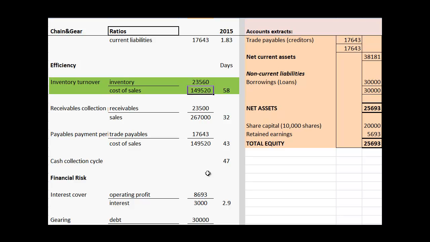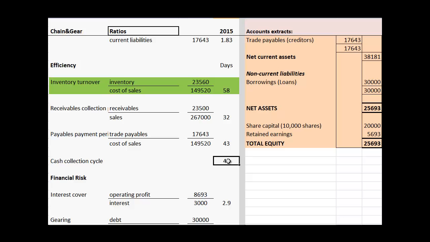We carry out the same process for our receivables and our payables and extract those figures from both the balance sheet and the income statement. So we have our receivables, our sales for the receivables collection, and then trade payables and cost of sales for our payables payment period. Similar process to our inventory turnover.